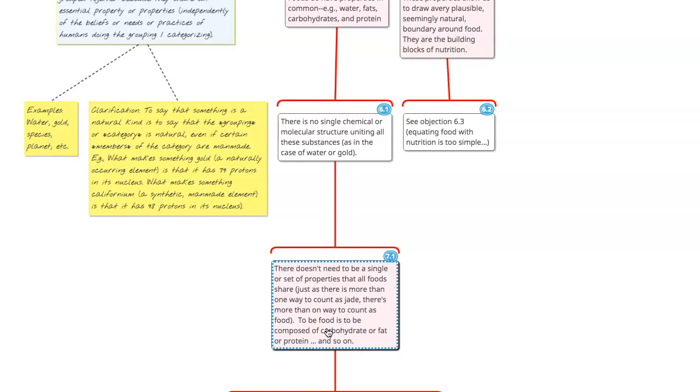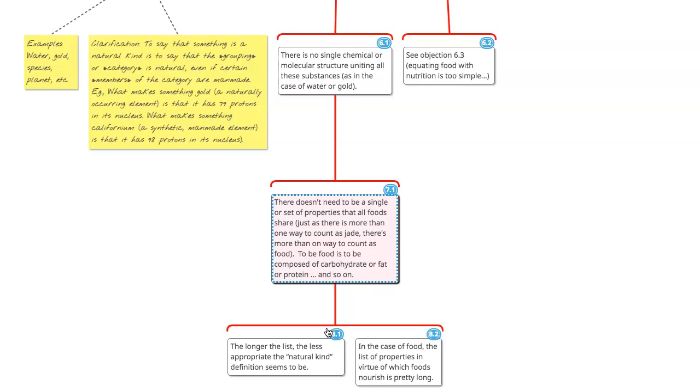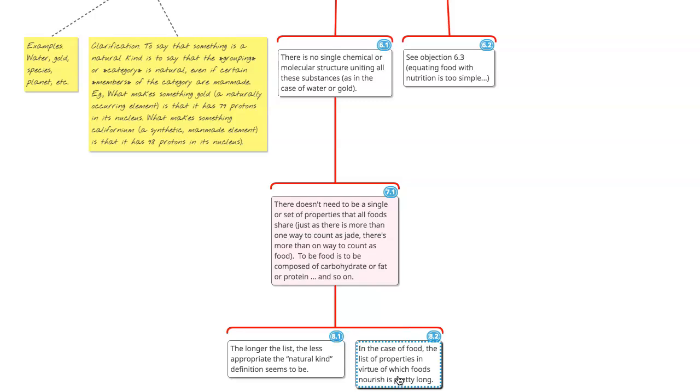To be food is to be composed of carbohydrate or fat or protein and so on. But objection to that, the longer the list, the less appropriate natural kind seems to be. And in the case of food, the list of properties in virtue of which foods nourish seems kind of long. It's not a neat and tidy organizational scheme.